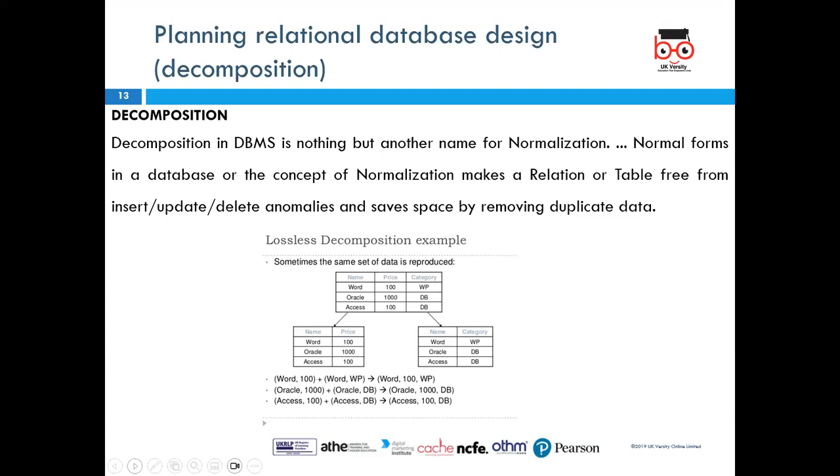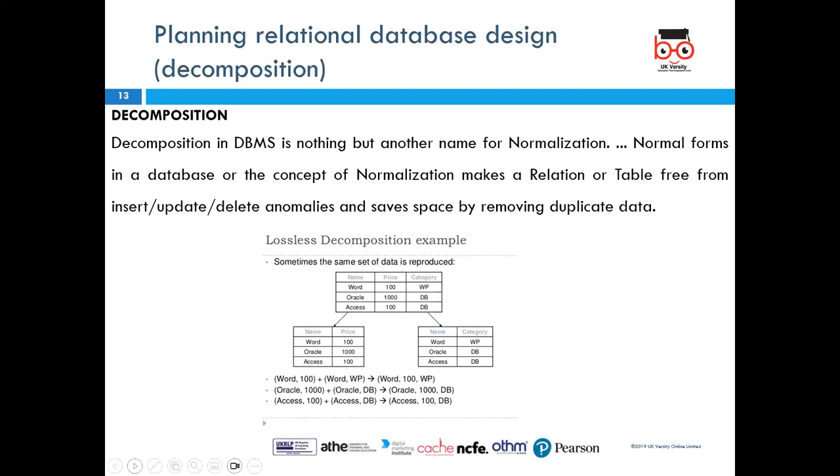When it comes to normalizing a form in a database, it is simply the concept of making our relation or table free from CRUD or data manipulation anomalies. It also saves space by removing duplication of data.